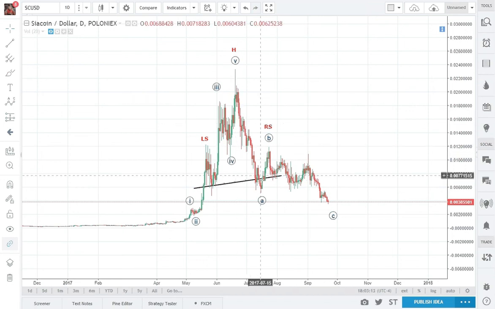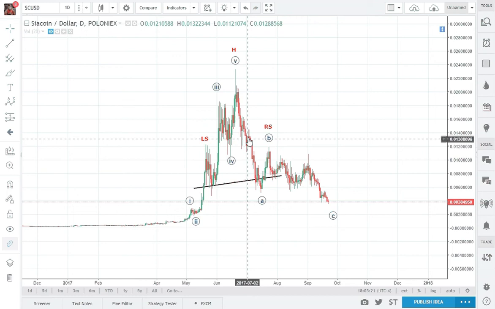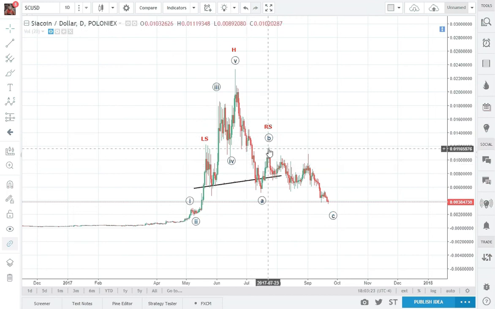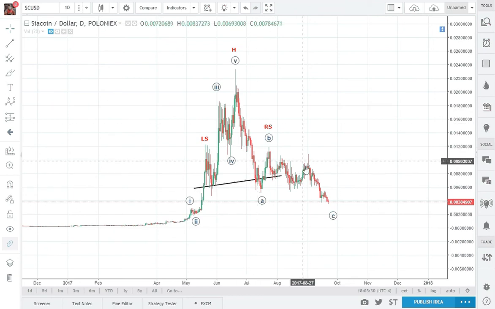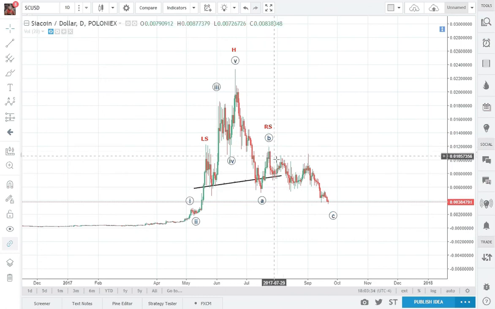But more often than not, I am seeing on a daily chart basis A being the longest and C being shorter than A. B is always shortest. So instead of A, B, C, we're getting a long A, B, and a C that could be shorter than the A.